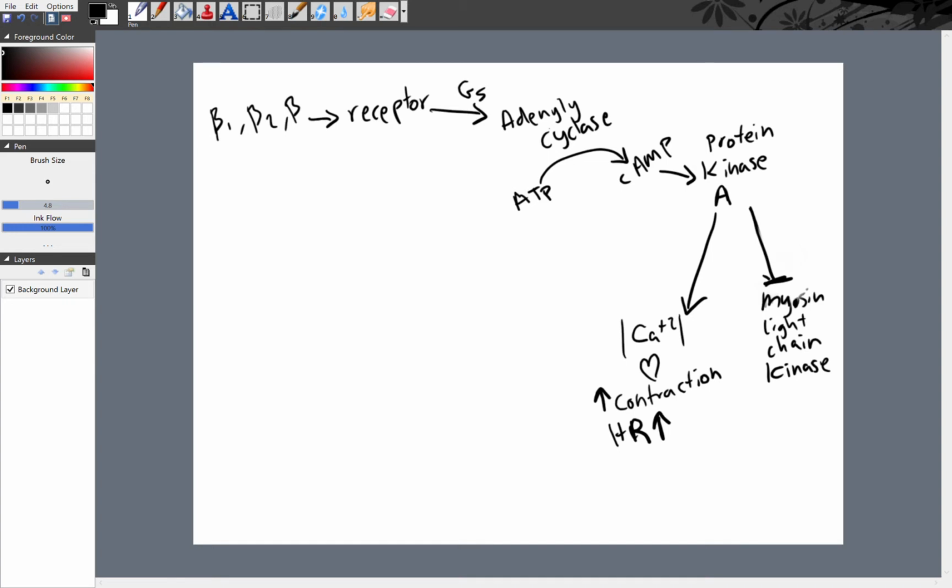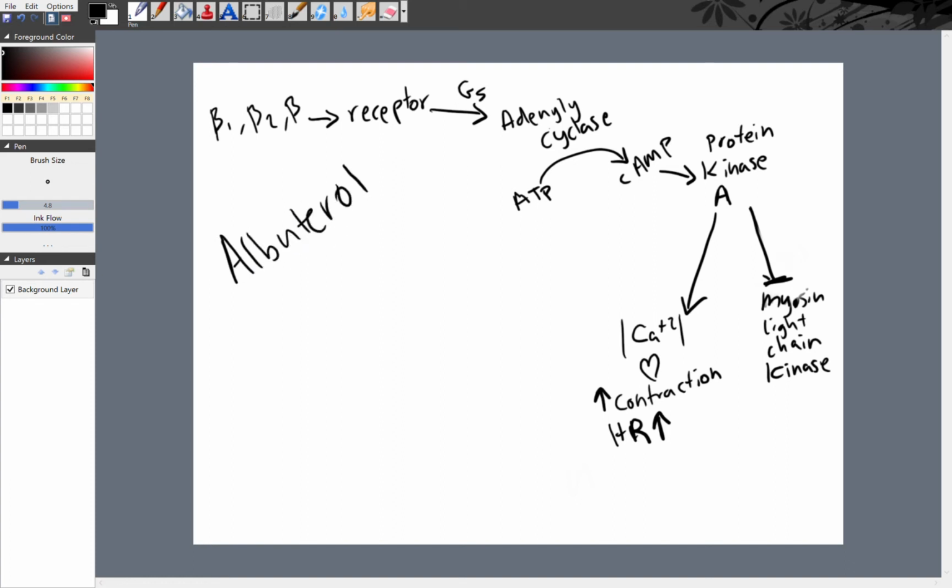So that's going to be great, but why are we doing this? Well, if your patient has asthma, why would you use this? For a beta 2. So let's say that you're using albuterol.